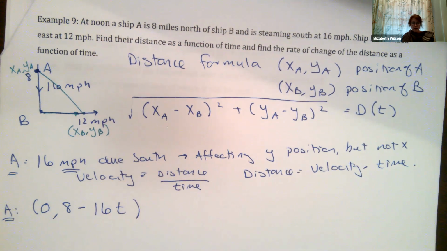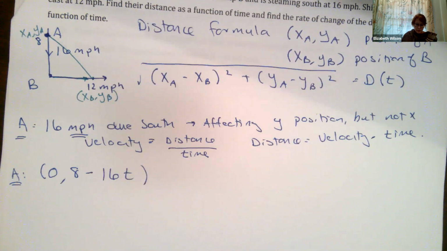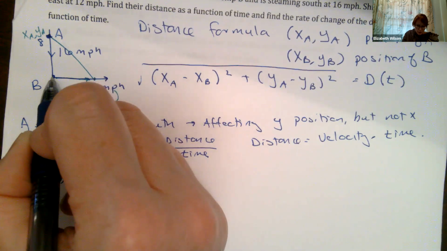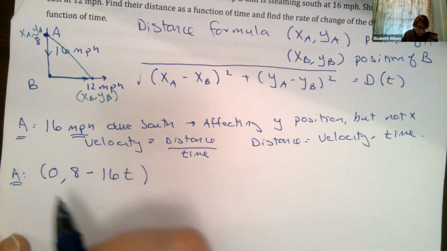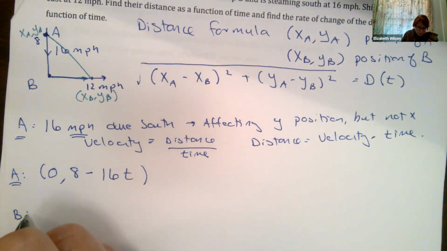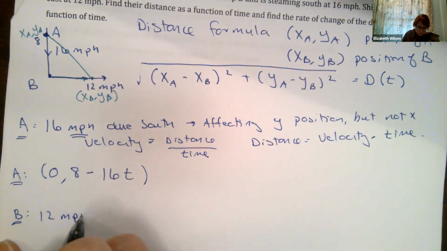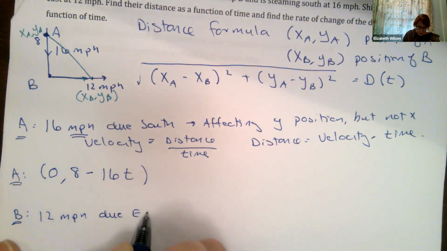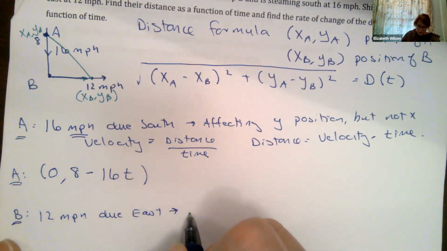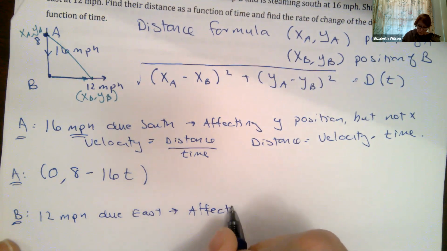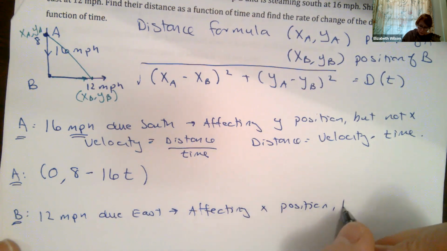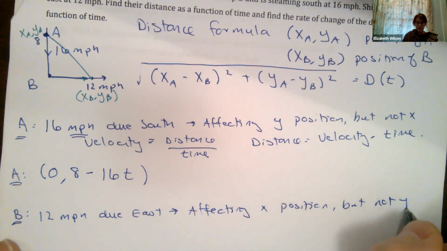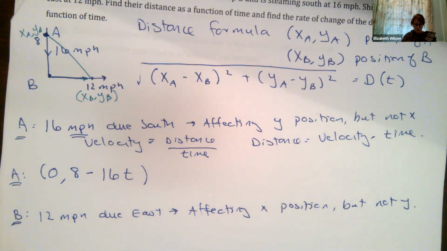Okay. I'm going to do the same thing for my B. So this starts off at 0 and it goes east at 12 miles per hour due east, which means that we're affecting our x position, but not our y, because we're just going straight horizontal, just going due east.